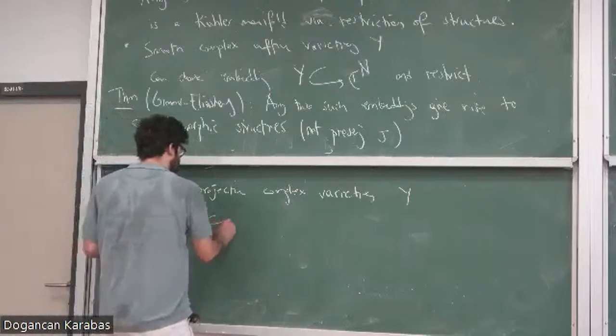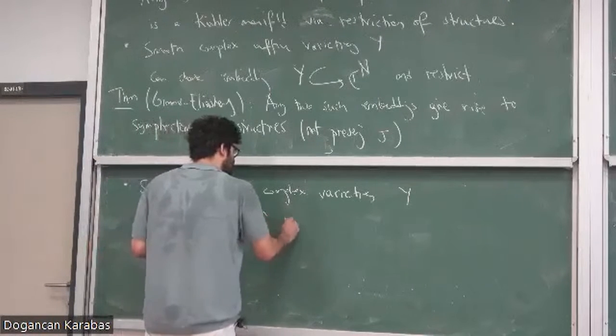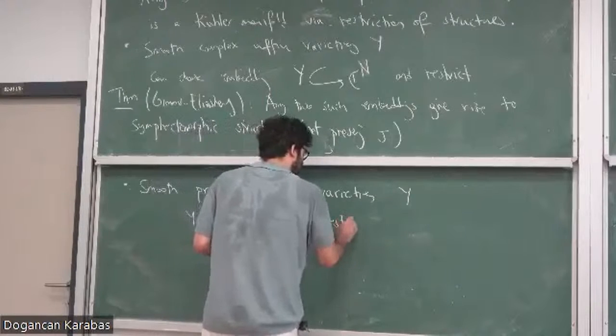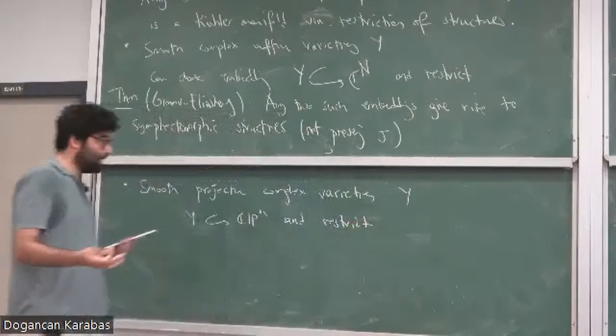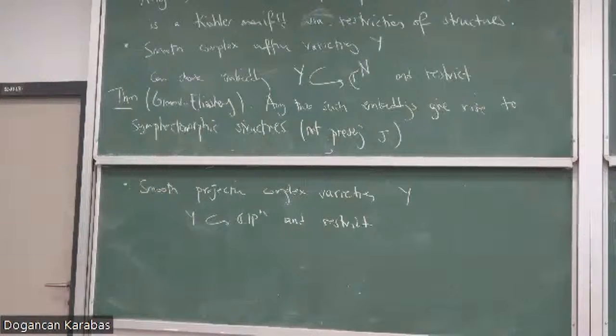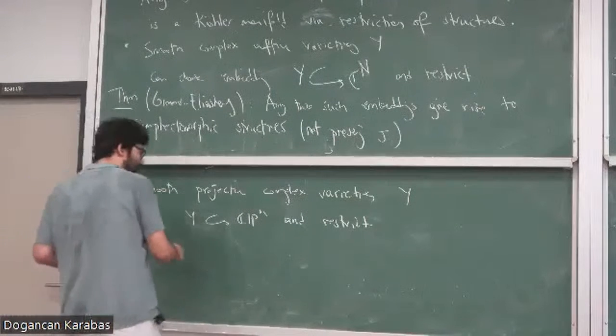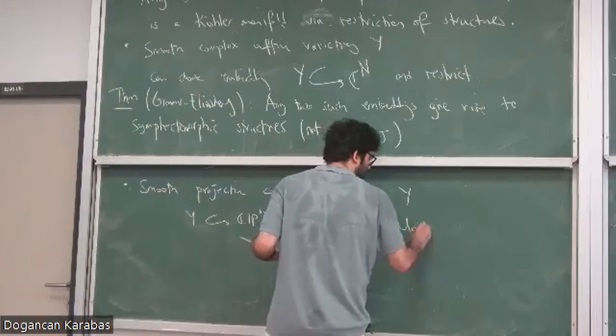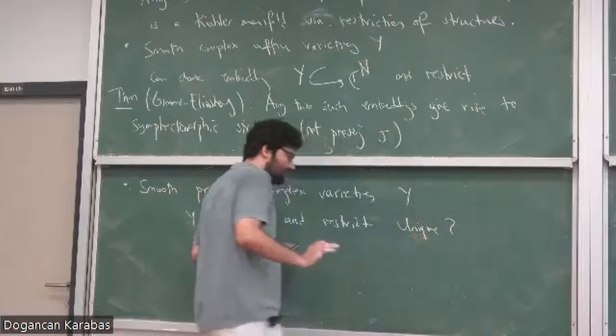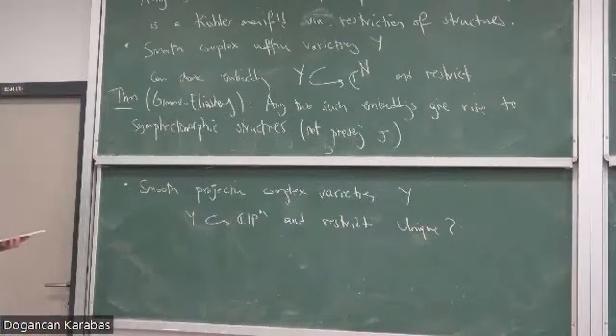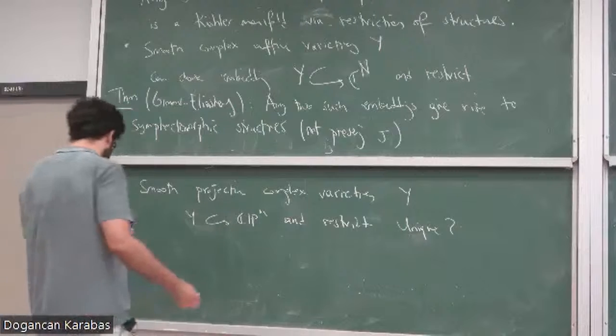Okay, so you pick one, and restrict. Okay. How about uniqueness now? So it's definitely not unique, not even in this slightly relaxed sense. Okay, but there is a statement, and here's the statement.